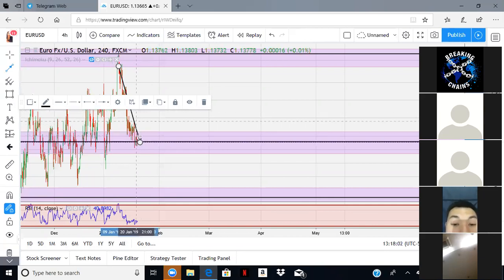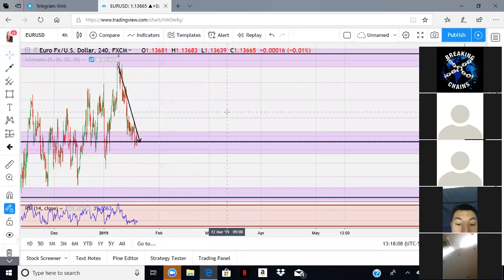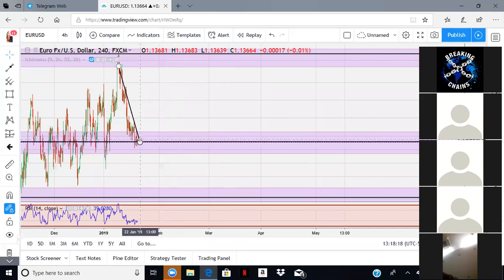So if price has rejected in this area in the past, what can I expect from price to do right now? Anybody answer that question? I'm sorry? Rejected. Yeah, exactly. If price has often rejected at this area, I can expect for price to reject here too.